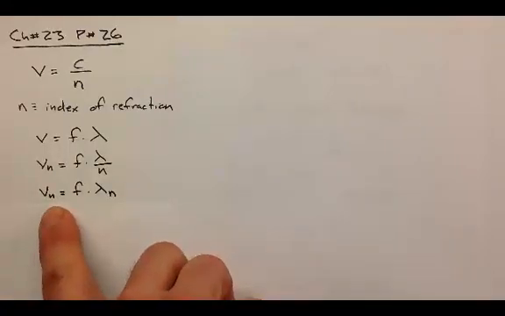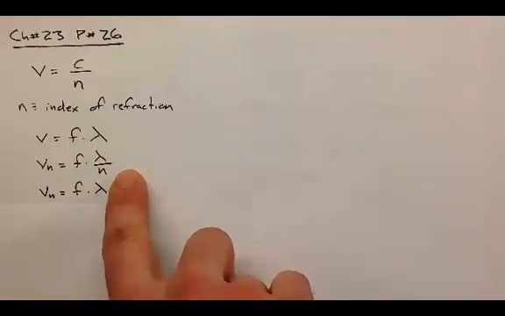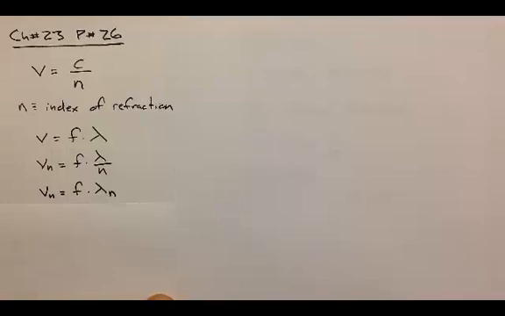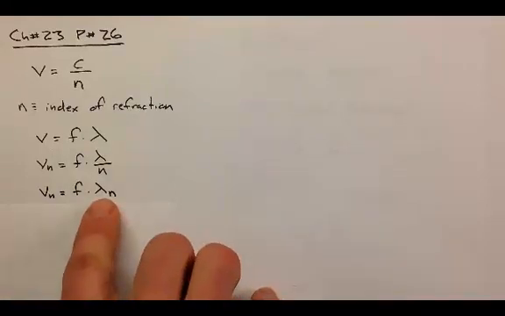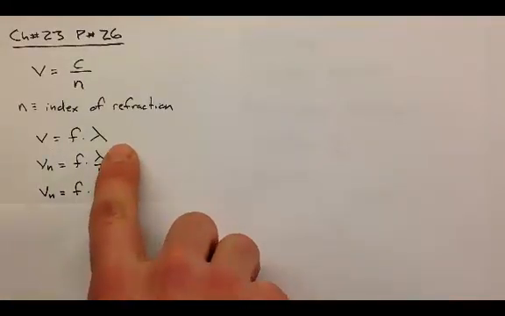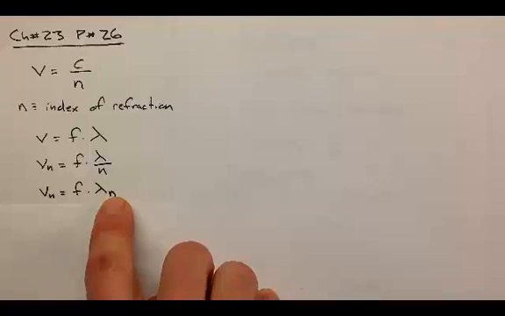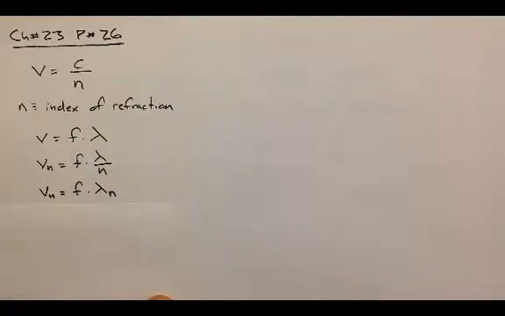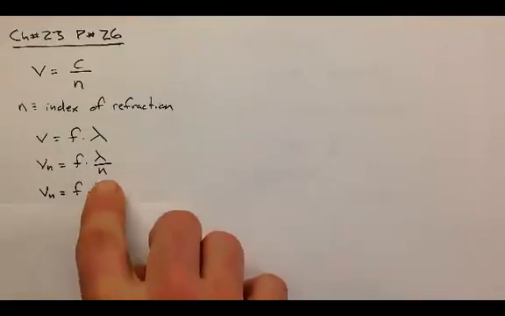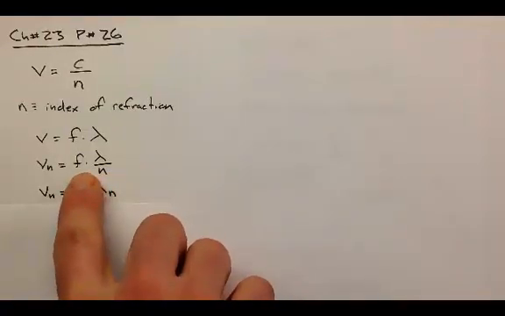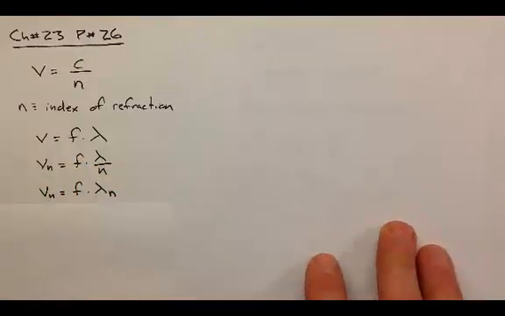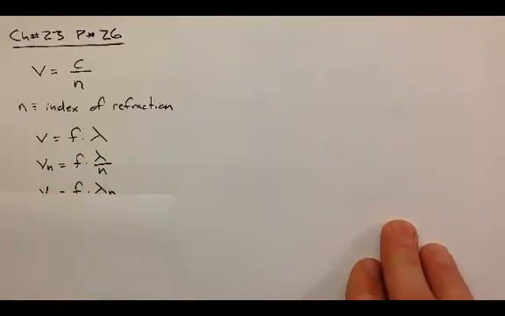So in order for the speed to change, the wavelength of the light gets shorter in the new medium. So sometimes we say that lambda goes to lambda sub n. In other words, if the index of refraction is 2, the wavelength of the light is only half as long. And since the wavelength is half as long and the frequency is the same, that means the speed of light is slower by a factor of a half.